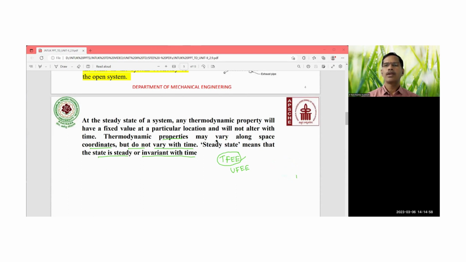Now, after studying this, there is a difference that you have to find. What is that difference?